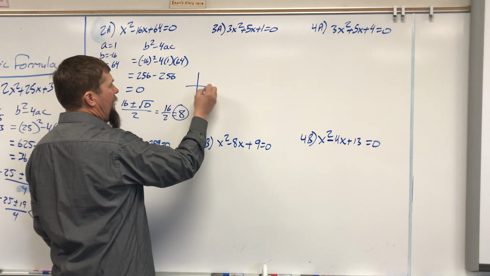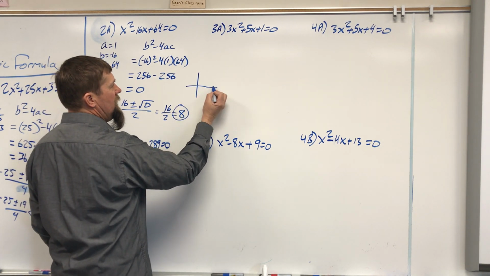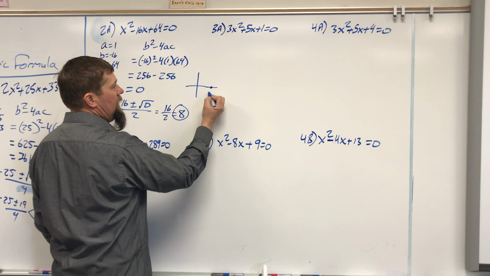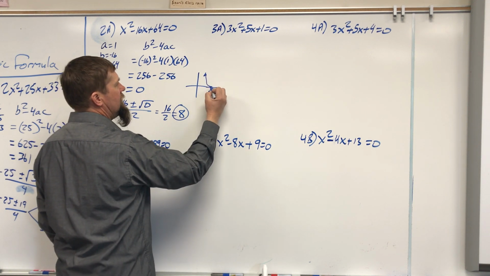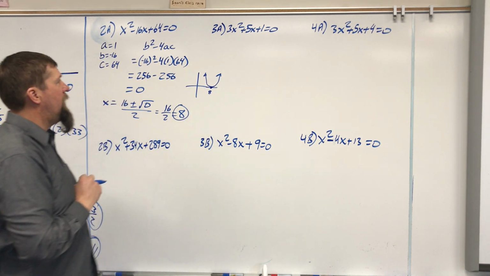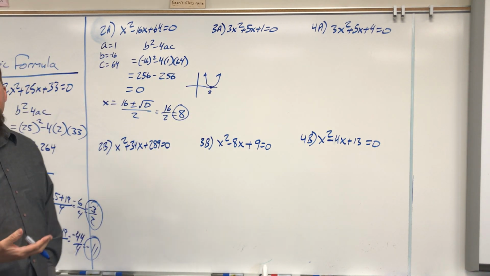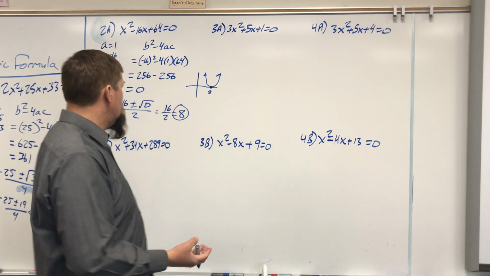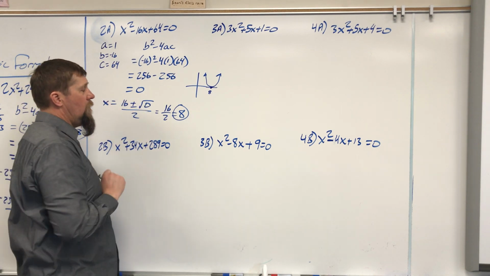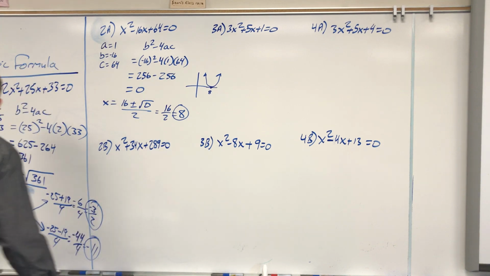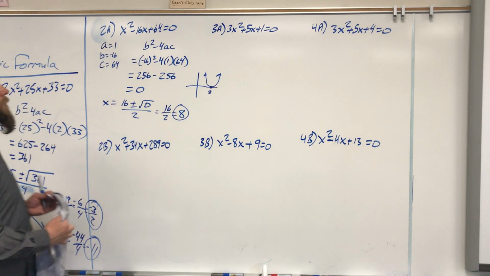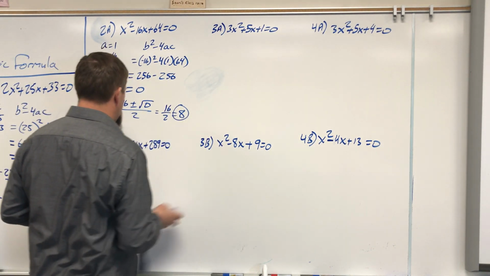Well, it means that the parabola has the vertex at 8. And in this case, the parabola is going to go up from there. So just keeping in mind that when you have one solution, or the discriminant is 0, the vertex is on the x-axis. Okay, let's go through the next one.